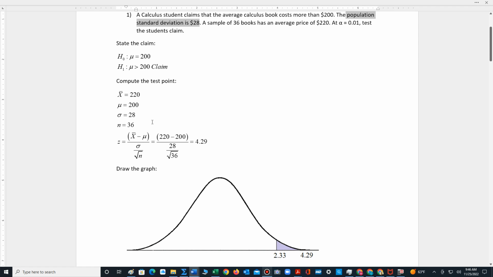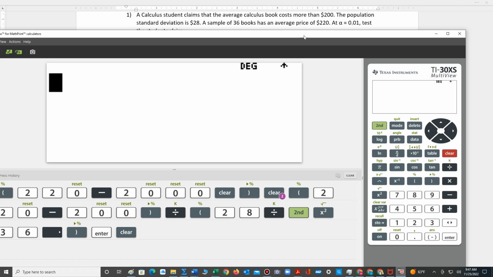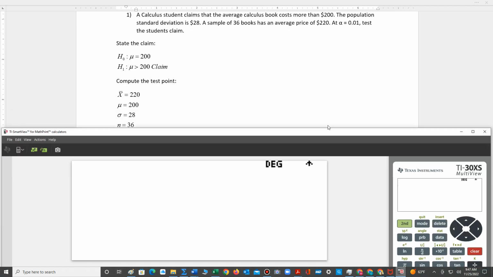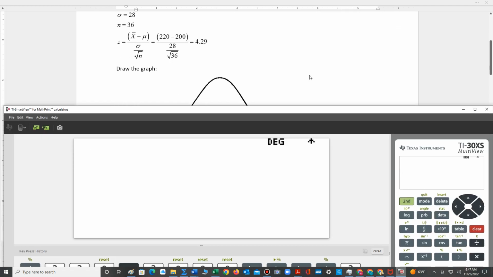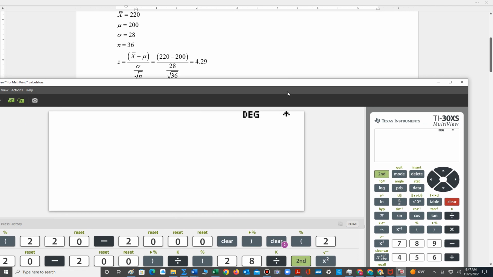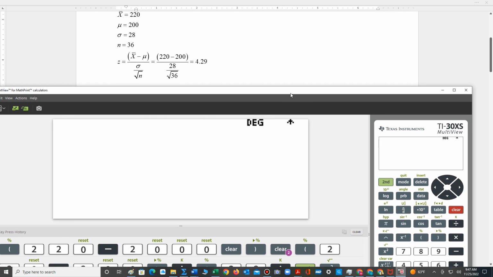We then calculate our test point using this formula. And I want to use a calculator to key in these values. So applying the calculator, for the numerator we use parentheses.